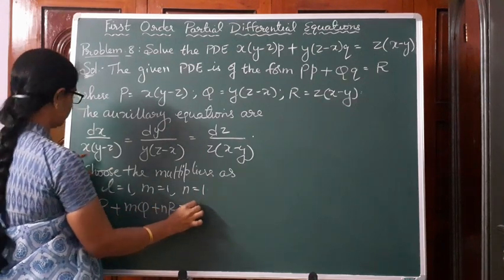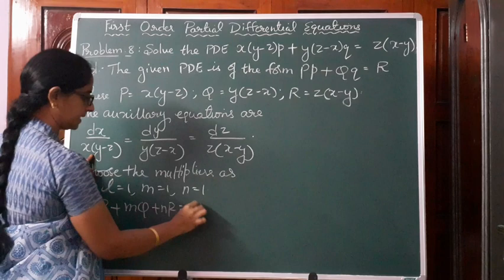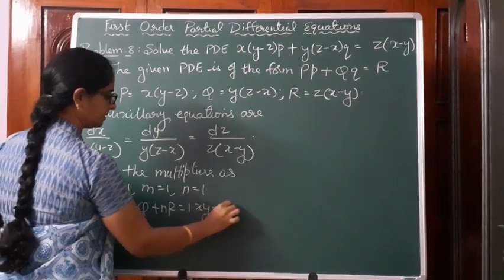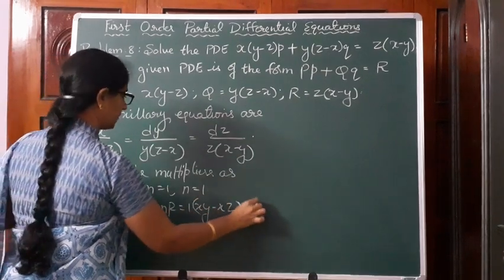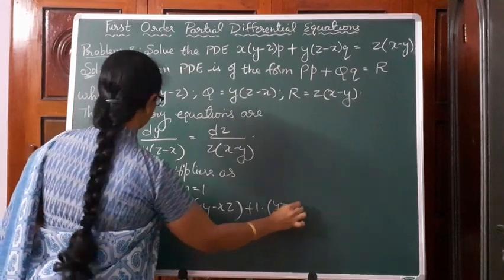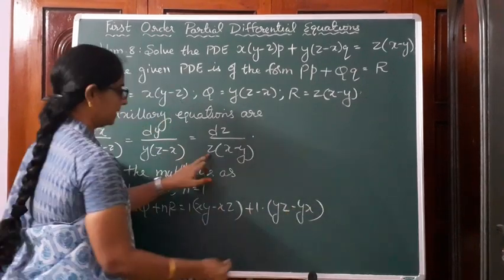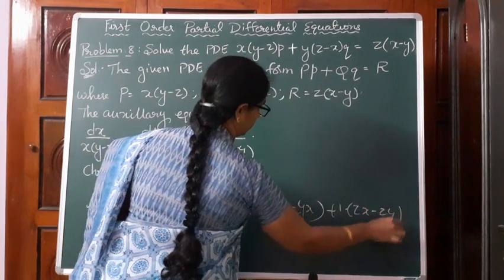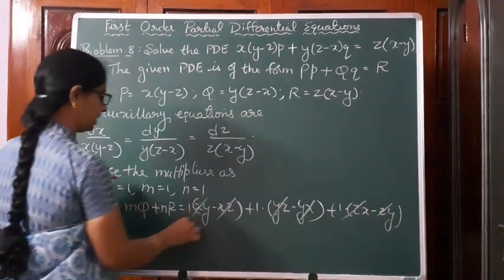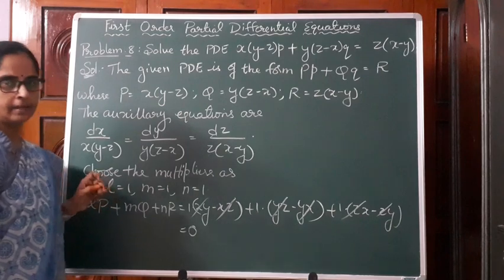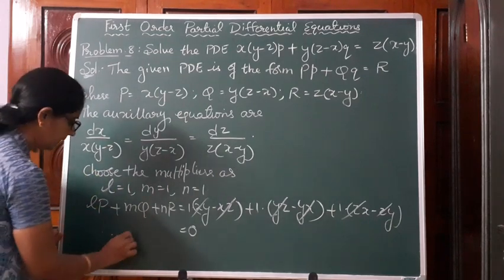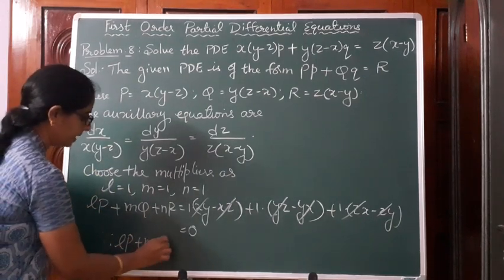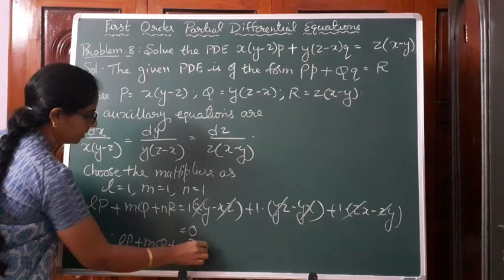It is 1 into xy minus xz plus 1 into yz minus yx plus 1 into zx minus zy. Here all the terms get cancelled and we get 0. Therefore, LP plus MQ plus NR is equal to 0.